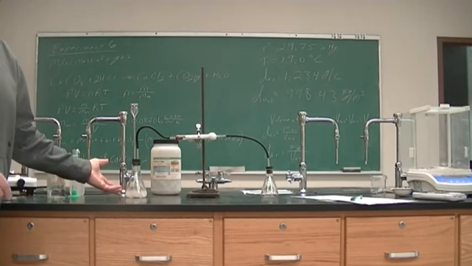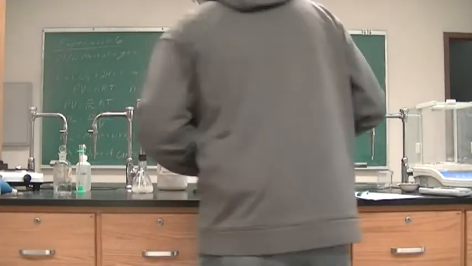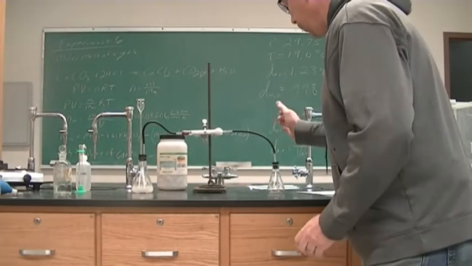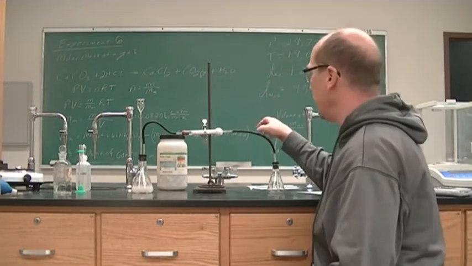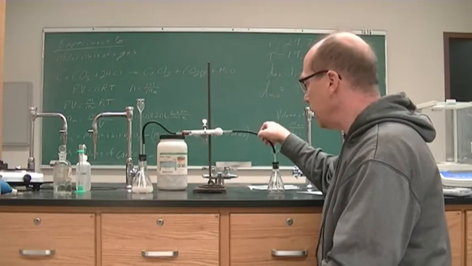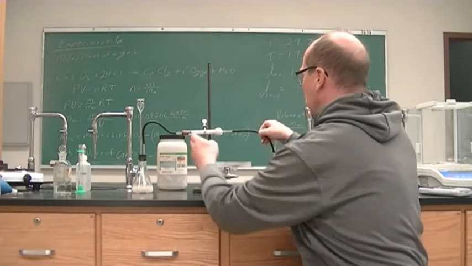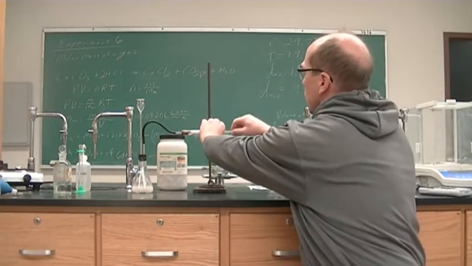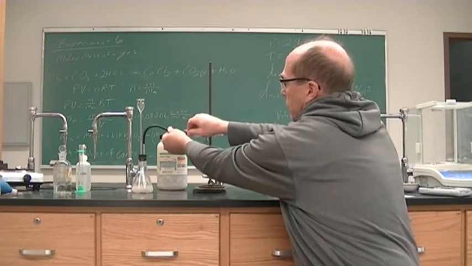The reaction is going and it is creating CO2. If I want to know if the CO2 is coming through on this side, I'm going to pinch here. And when I pinch here, I should have liquid going up, because as the pressure builds up, the liquid will go up.